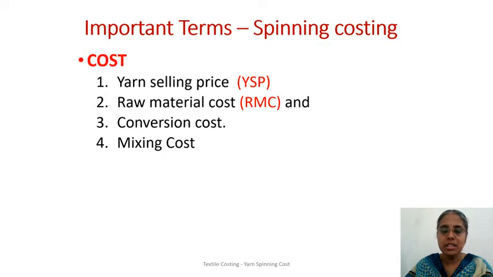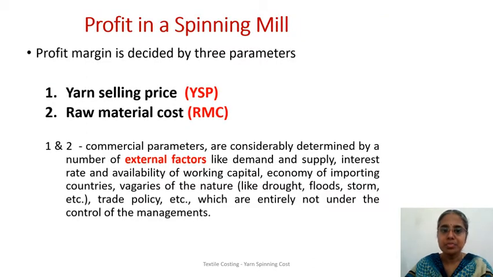First, we'll see the terms related to costing: yarn selling price, raw material cost, conversion cost, and mixing cost. The profit margin of a spinning mill is decided by these two costs: raw material cost and yarn selling price.